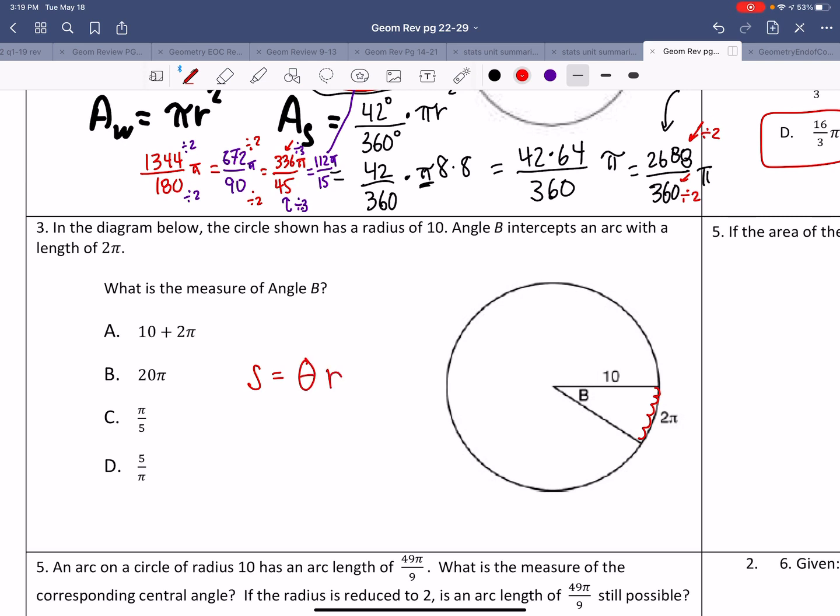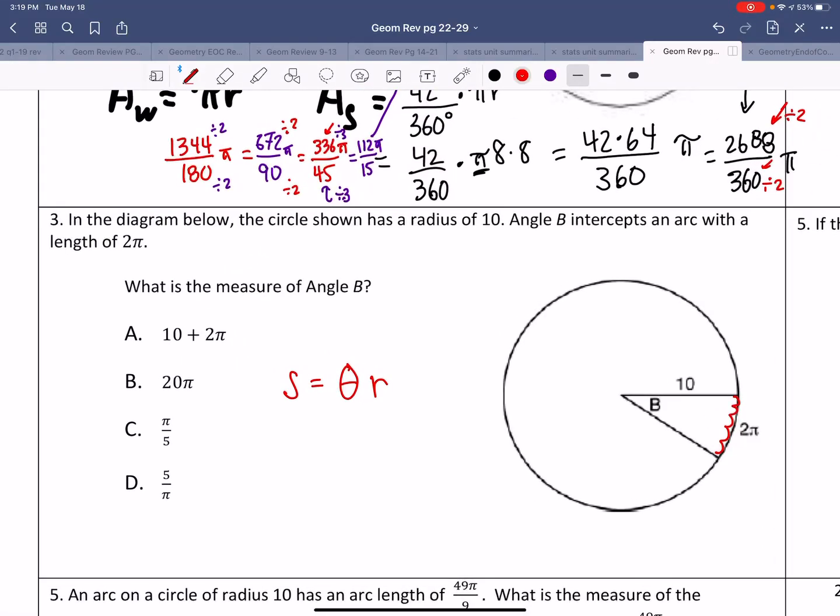I just want the sector, right? So I just want this arc length, right? This arc length is 2 pi. The angle theta is B, that's the one we're solving for, theta, and the radius is 10.